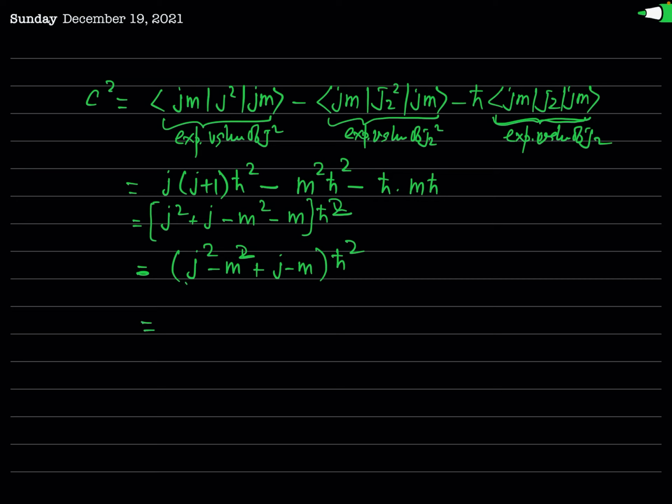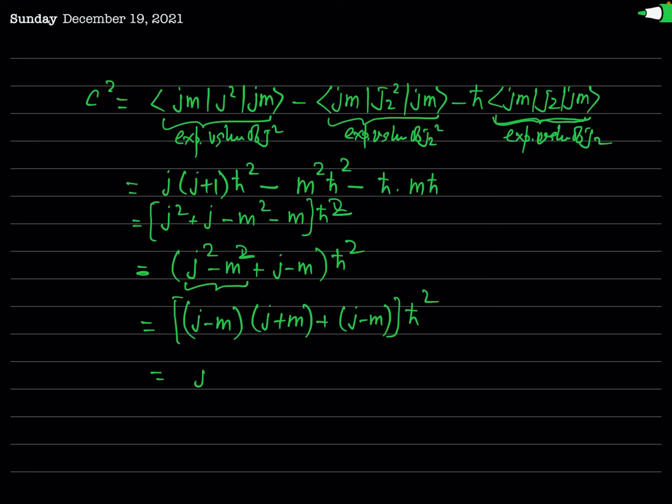Now this J square minus m square can be written as J minus m times J plus m, plus here you can see this is J minus m, and the common factor is h bar square.